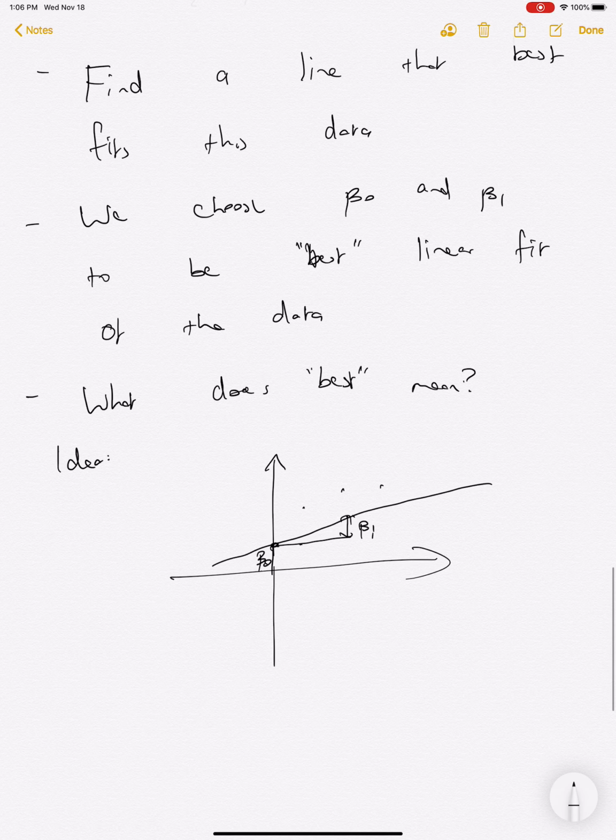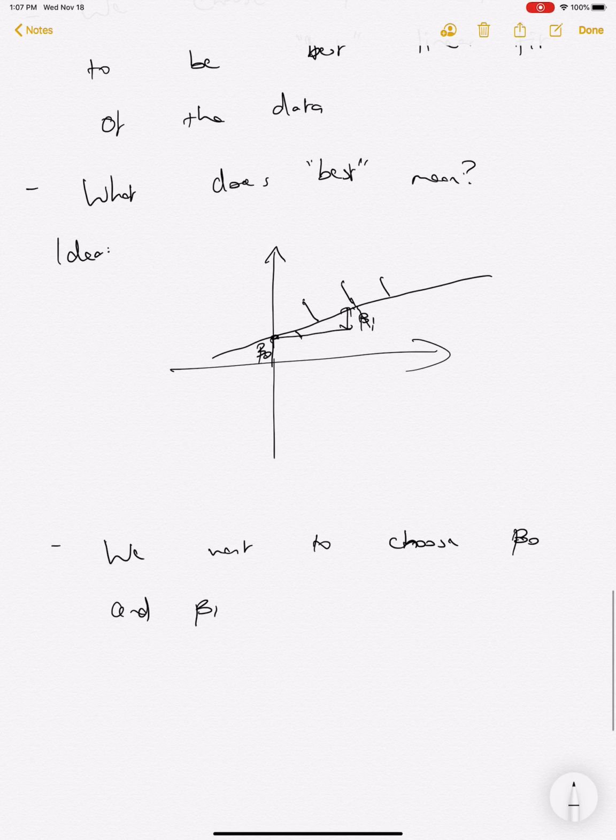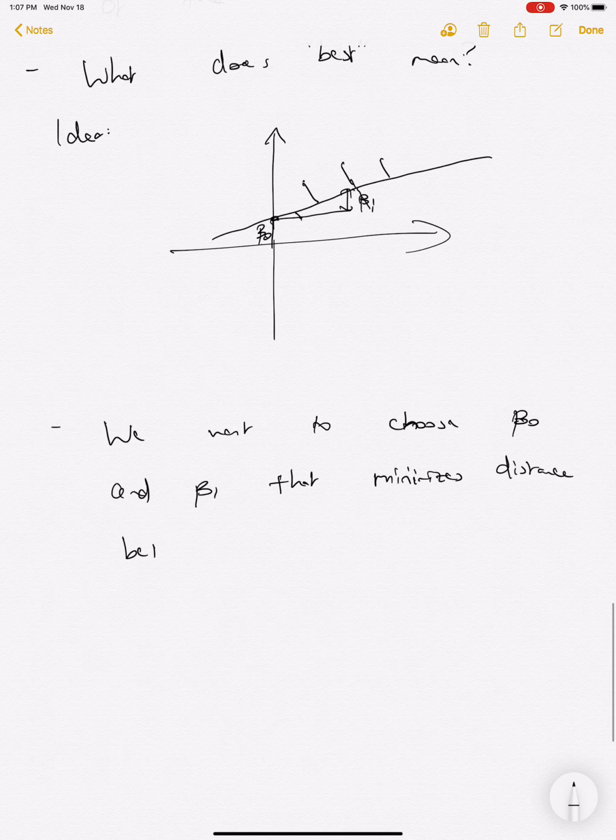What we want to do is choose beta 0 and beta 1 that minimize the distance between the line and the n data points.